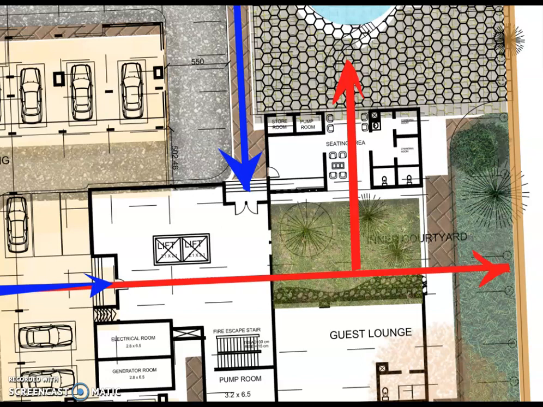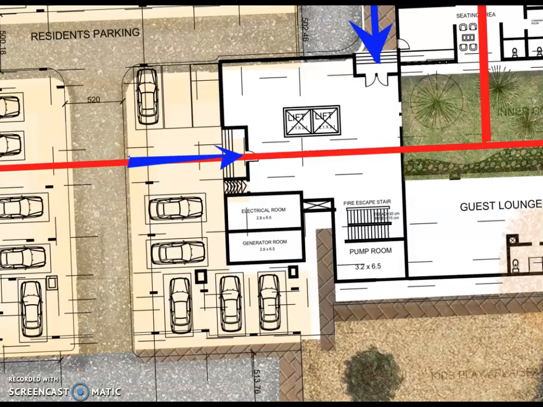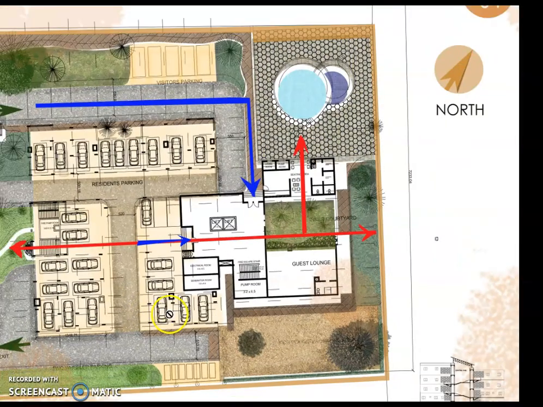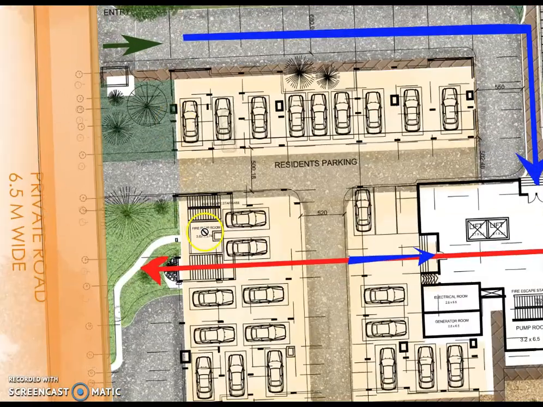The pool area has all the services associated to it, such as the pool room, pump room, changing room, etc. Besides the parking and the guest lounge is the main service core, where the electrical room, generator room and the pump room are situated.